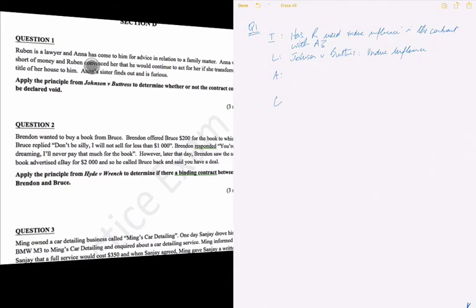What will help us answer it is the law of undue influence. Often I find it useful to actually explain what the law is.